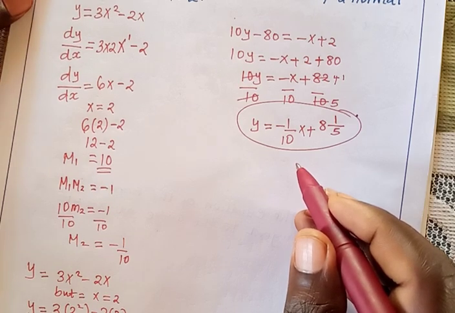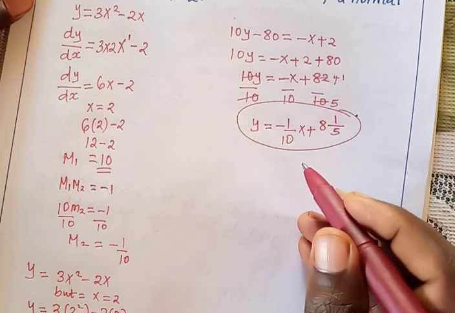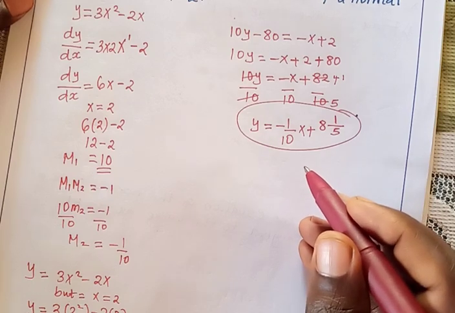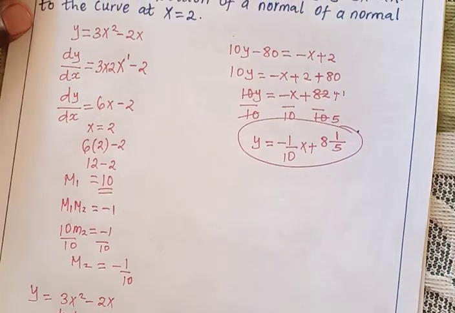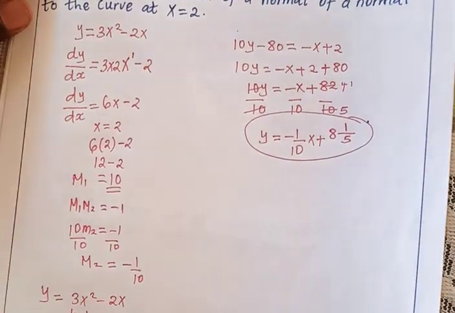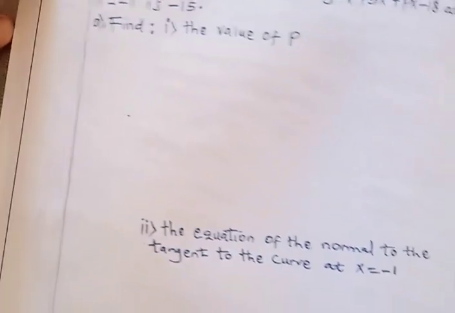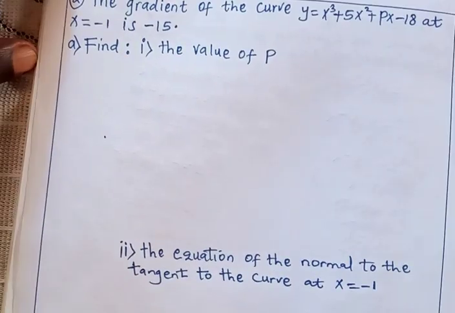So that is the main concept that is required in this whole operation. Now, let us proceed to our second question. The second question is very important to us. It is a 10 mark question, and it is very easy.